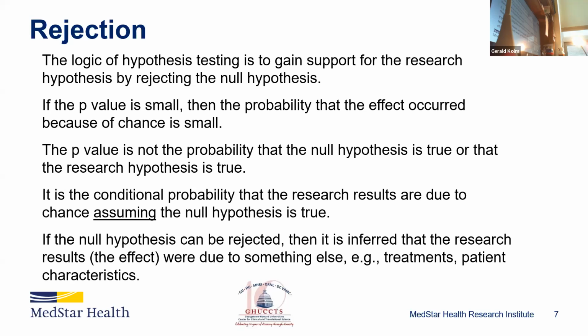But it's a conditional probability that the research results are due to chance, assuming that the null hypothesis is true. And then, as I mentioned, if the null hypothesis can be rejected, then we infer that the research results were due to something else. Obviously, we want to infer it was due to our treatments or some particular patient characteristics.